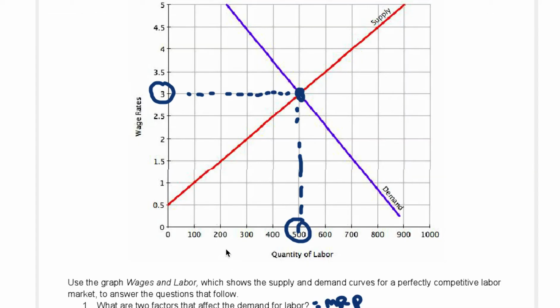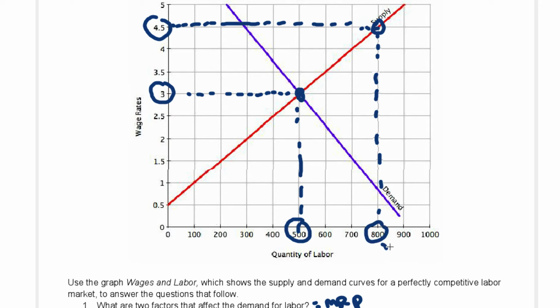We did this months ago. If I raise the minimum wage to $4.50, I'm going to have a higher supply. More people are going to want these jobs. So I'm going to have 800 people want jobs, want to work. But the demand for labor is actually going to go down a bit.